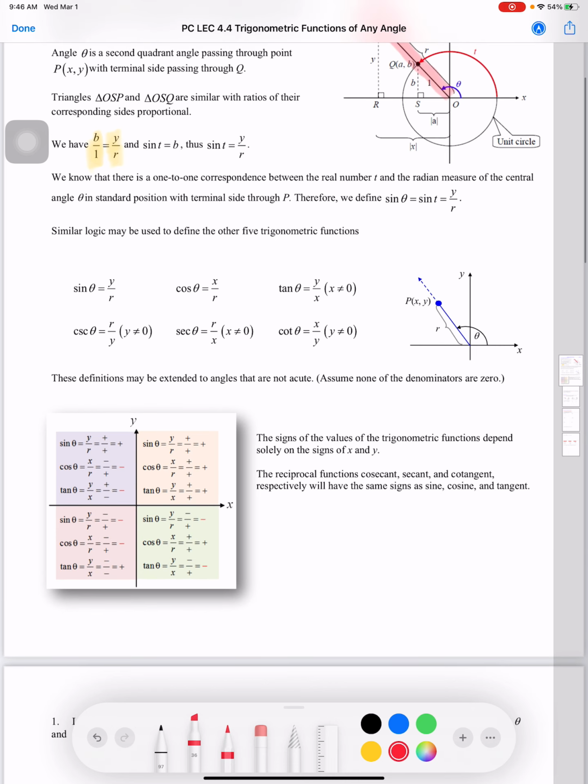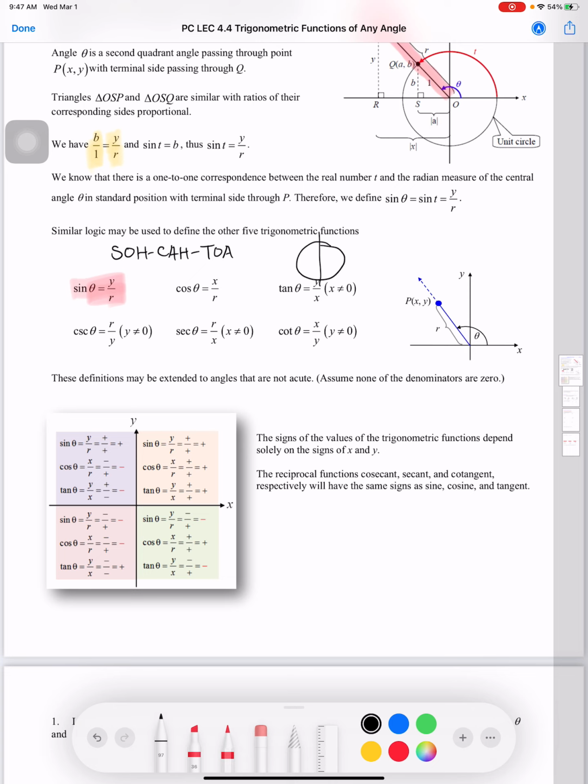But our ratio, if you remember, let's write this down. What is it? Slipping on hard concrete always hurts the old. So sine is opposite over hypotenuse. Let's sketch this out.